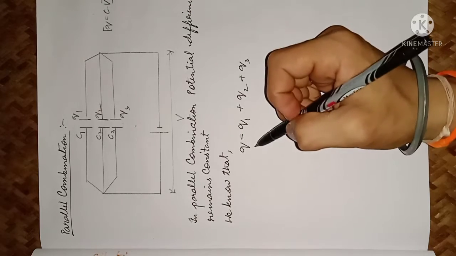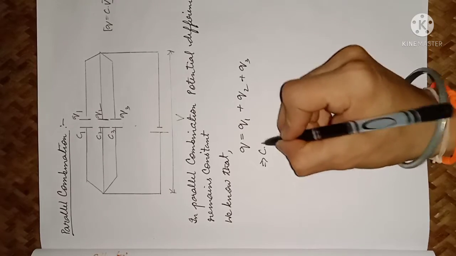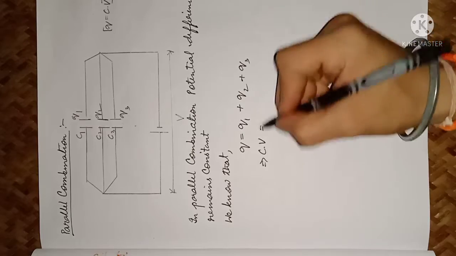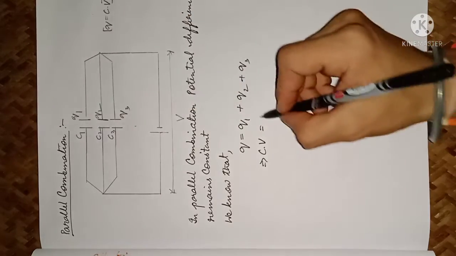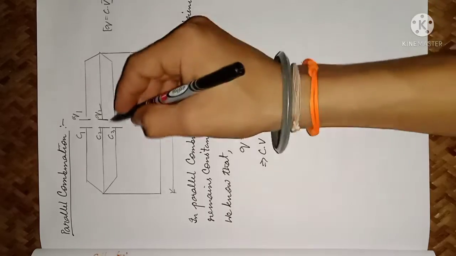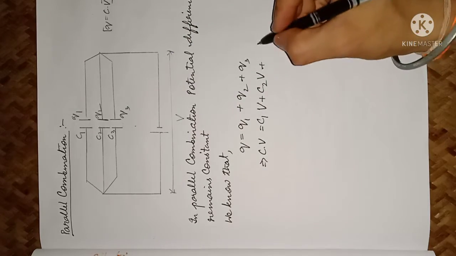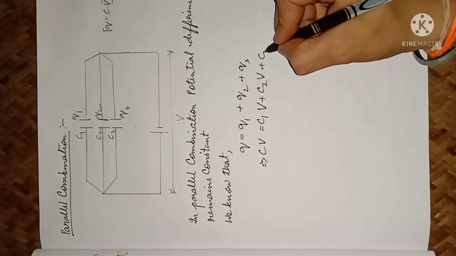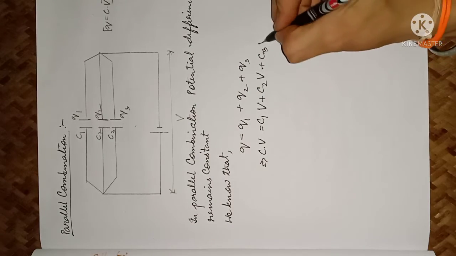So Q is equals to C into V, which is equals to C1 into V plus C2 into V, and for Q3 it is C3 into V.